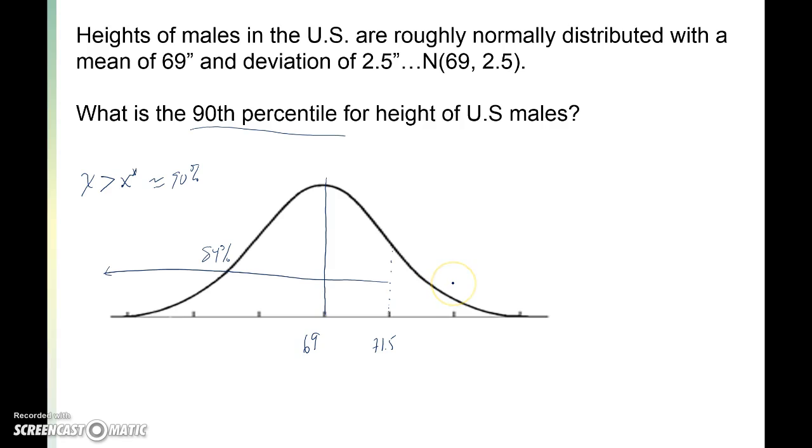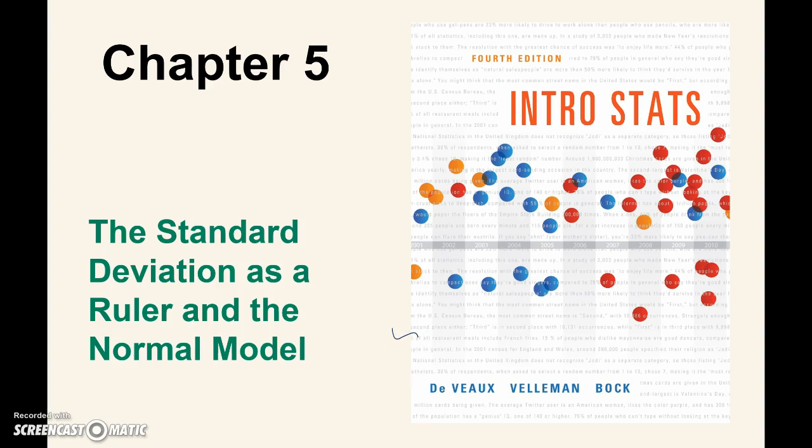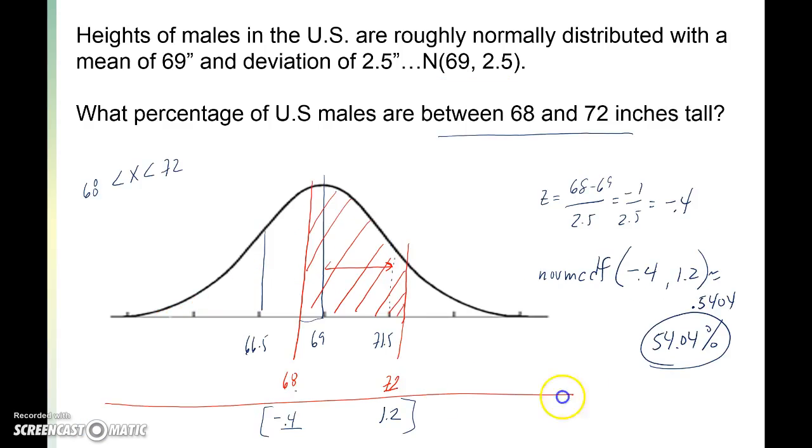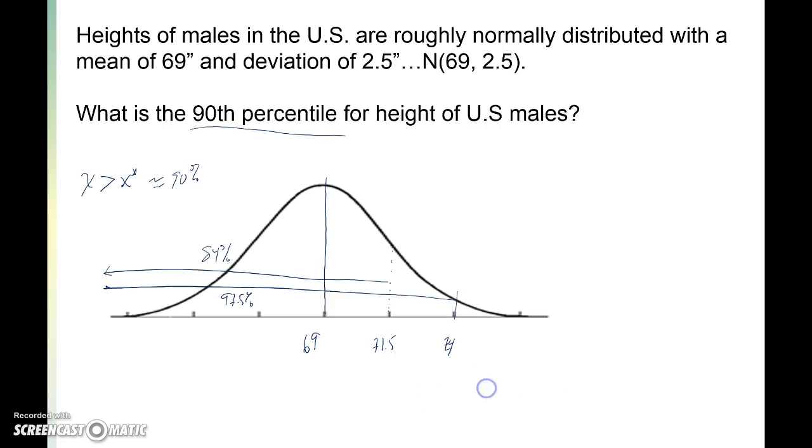And we know that below the next value, 74, the area below here is going to be 97.5%. So we are going to fall somewhere in between this range. Okay? All right, so our value is going to be somewhere there.